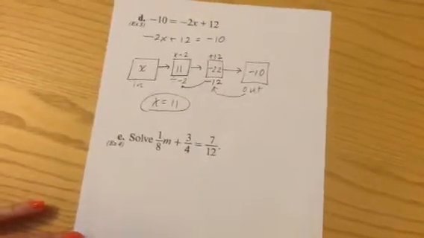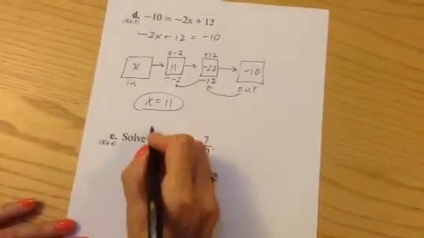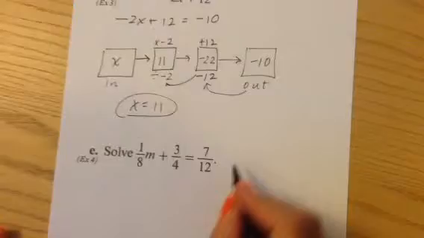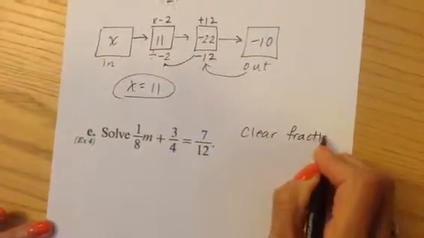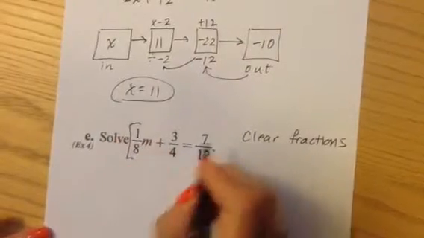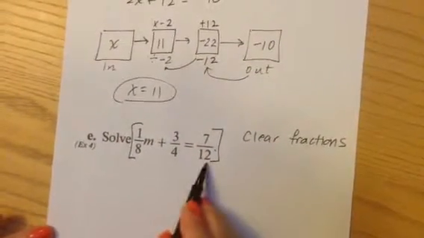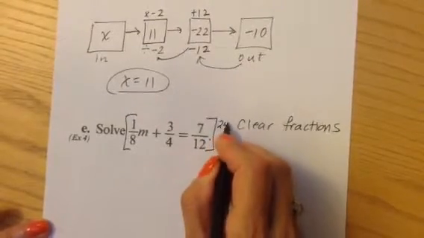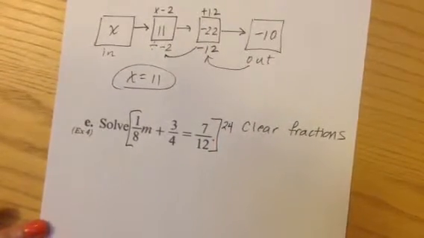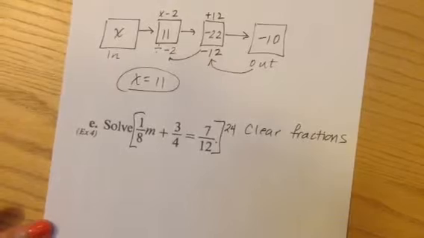Okay, so we're going to do one last example together. And this one has fractions. We're going to clear the fractions first by multiplying all three terms by the least common multiple of the denominators, which is going to be 24.